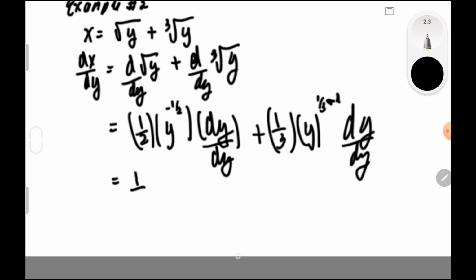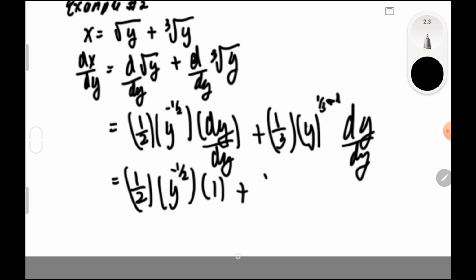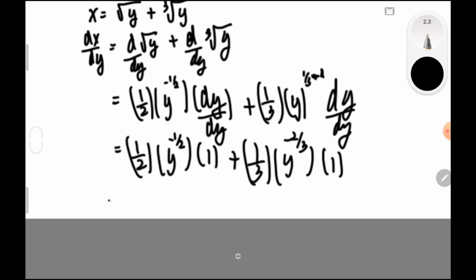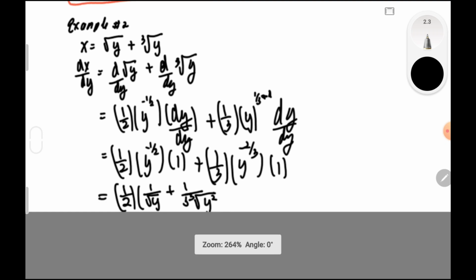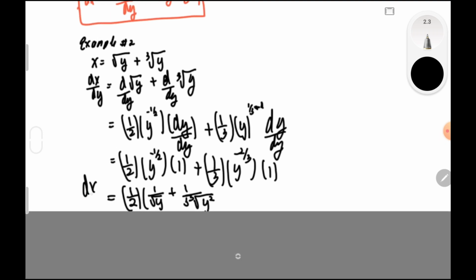Therefore we have 1 half multiplied by y raised to negative 1 half multiplied by 1, plus 1/3 multiplied by y raised to negative 2/3 multiplied by 1, which is equal to 1 half multiplied by 1 over square root of y plus 1/3 over cube root of y squared. Note that this is our dx over dy.